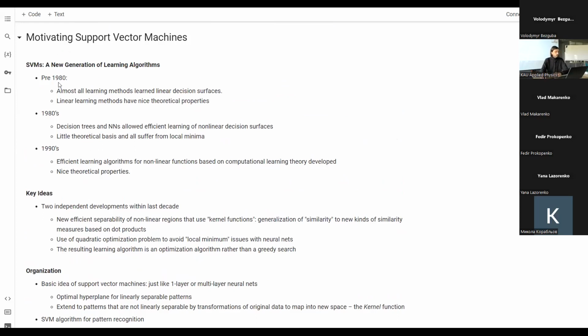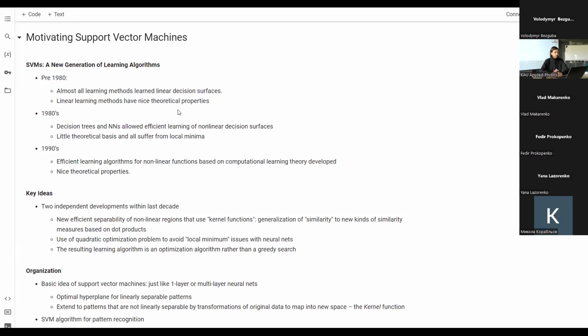because before the 1980s, almost all learning methods learned so-called linear decision surfaces. And these linear methods have nice theoretical properties, but in fact there are some problems with that, because not so many data sets are suitable for this sort of linear separation.